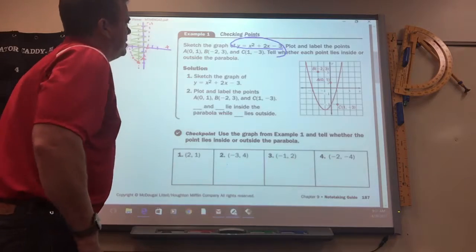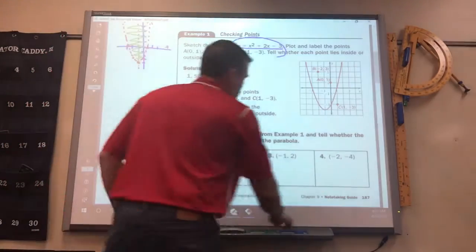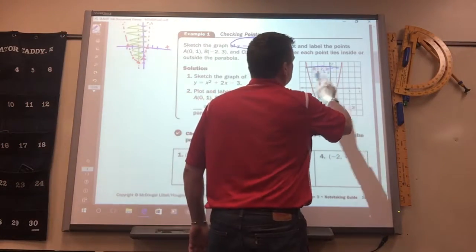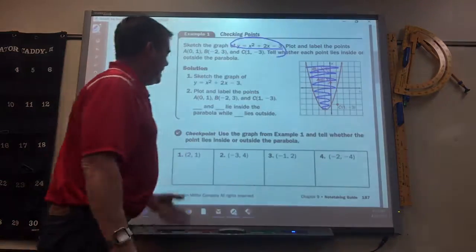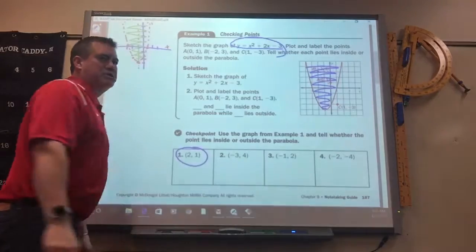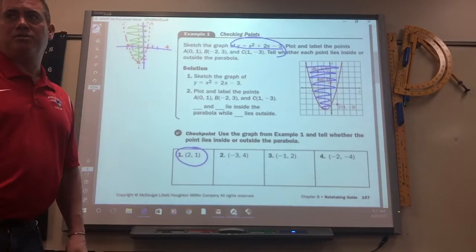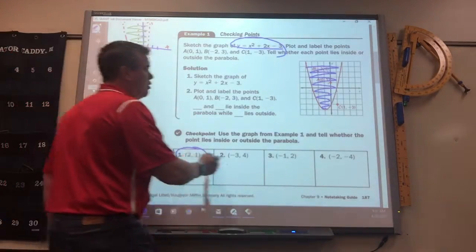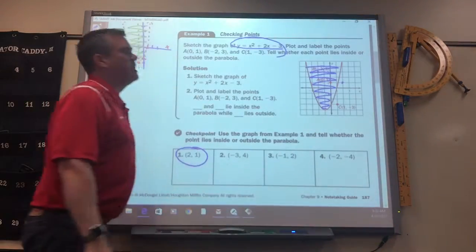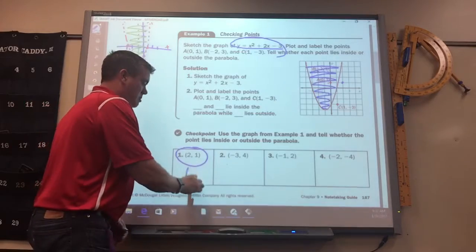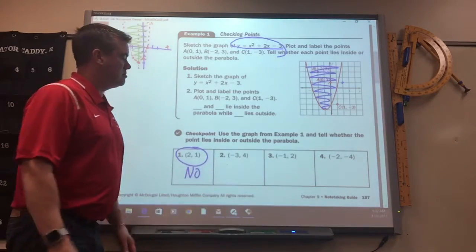So part of our assignment today is, I'm going to switch this one. Let's say it's a greater than or equal to, because it's solid. If they give you a coordinate, you just got to say yes or no if it's a solution. 2 over, 1 up puts you right there. It's not in the shaded part, so that's not a solution.